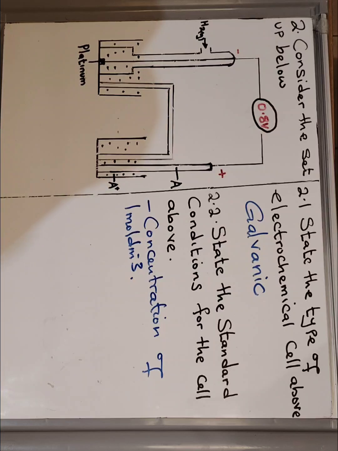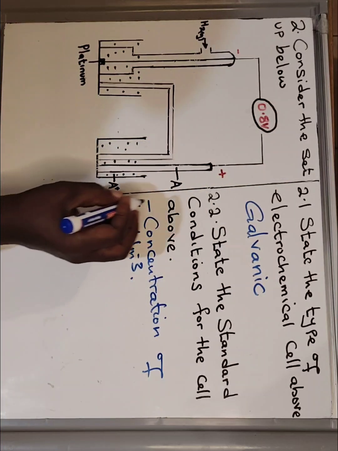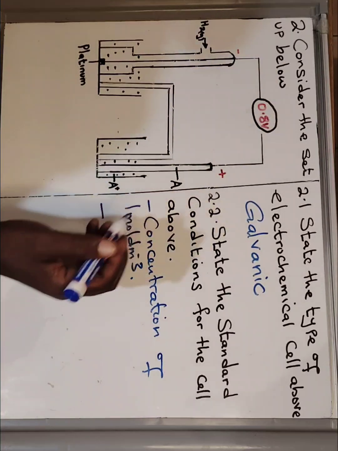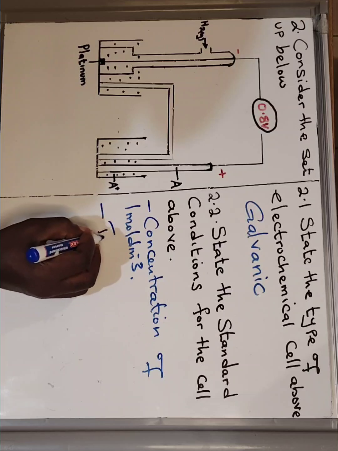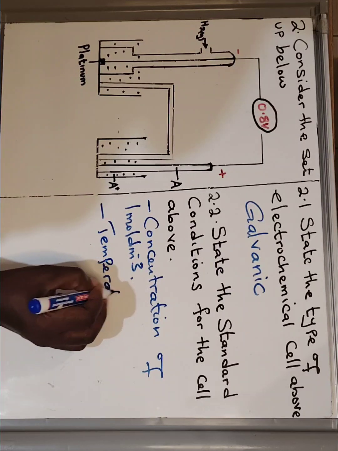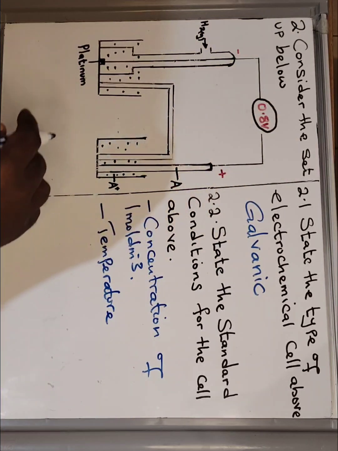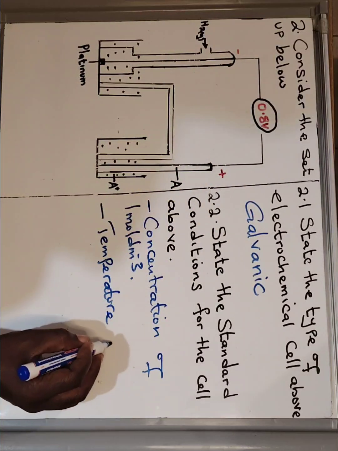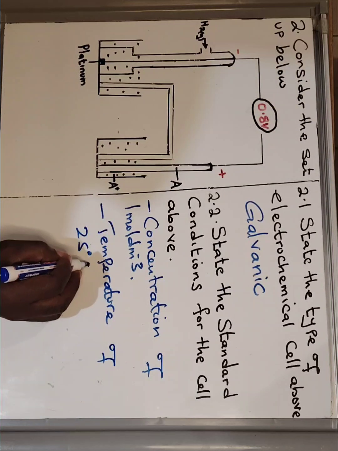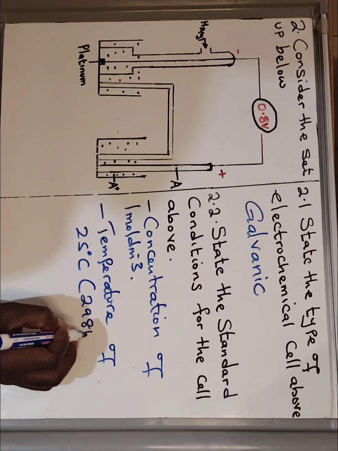That's one of the conditions which makes this a standard cell. Then the other condition is the temperature. The temperature of the environment in which the cell is set is 25 degrees Celsius or 298 Kelvin.